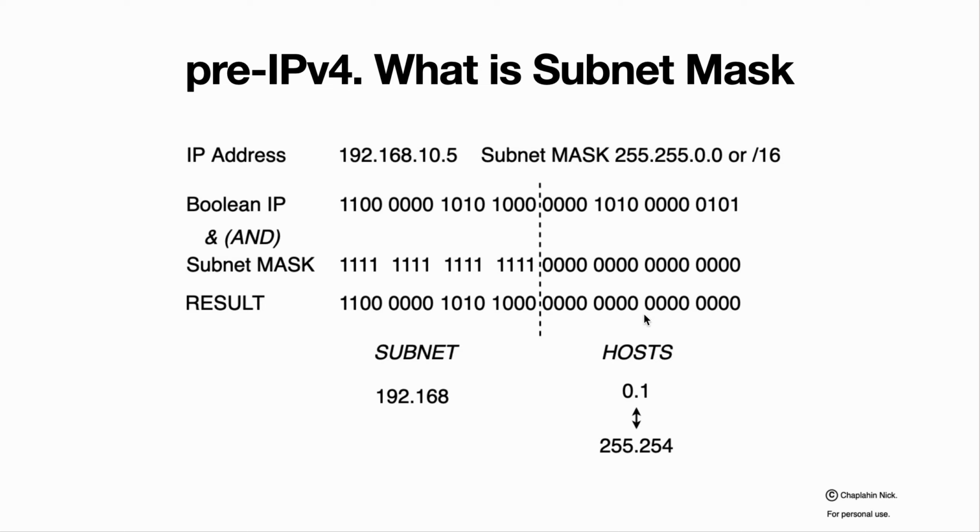Hosts start with 1 set in the host area and end with almost the maximum value. The maximum value is a specific type of IP address. So in our case, we have the subnet 192.168 and possible hosts 0.1, 0.2, up to 255.254.